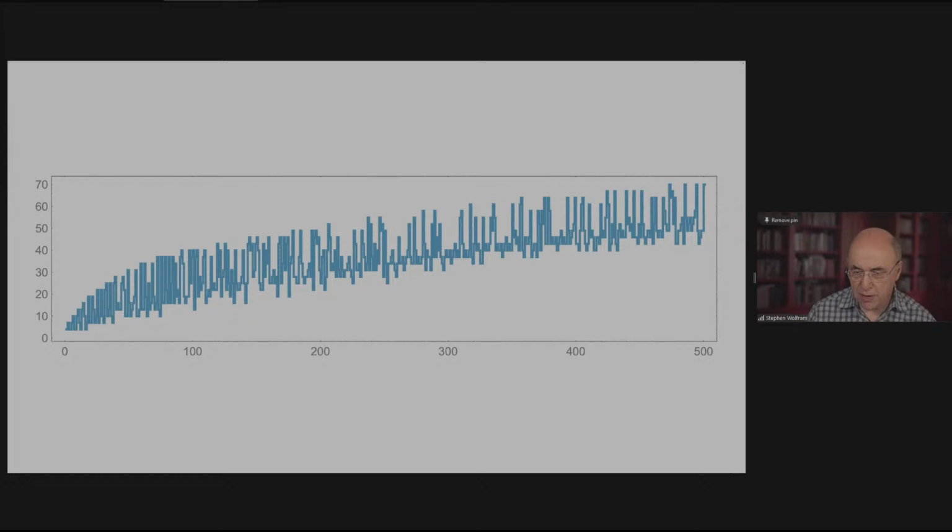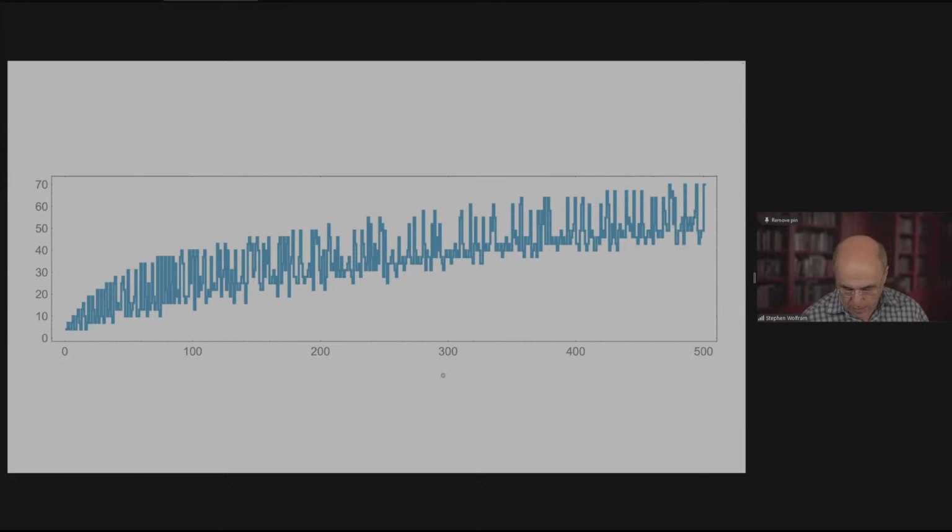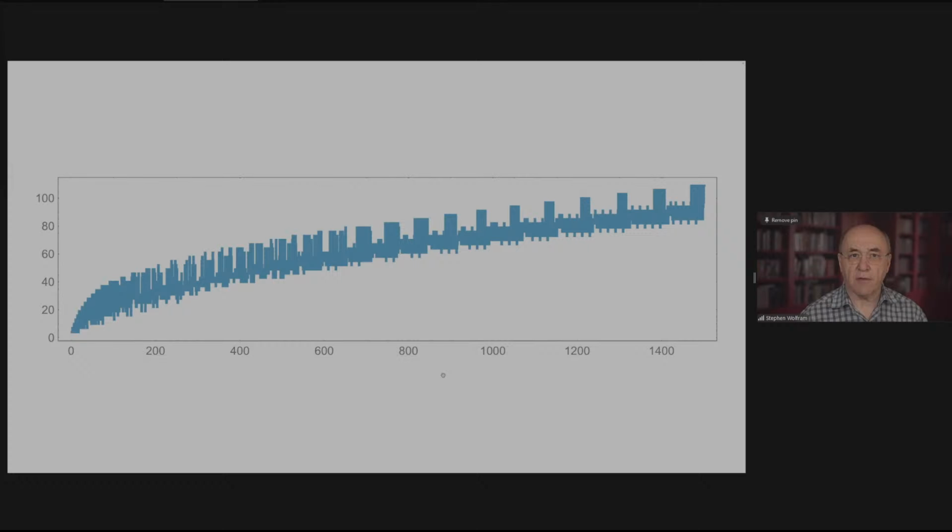We might think it's going to go on seemingly random like this forever. But if we take it further, we get a surprise. It seems to kind of resolve itself to something potentially simpler.